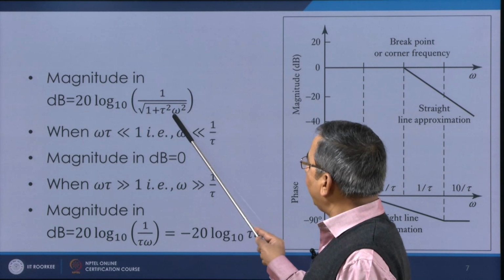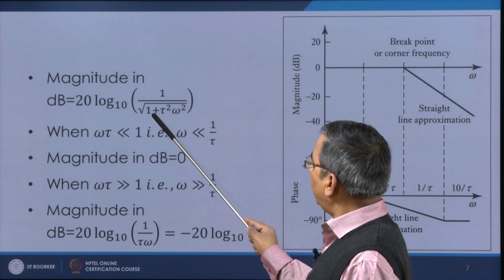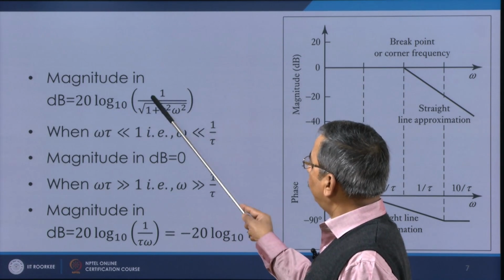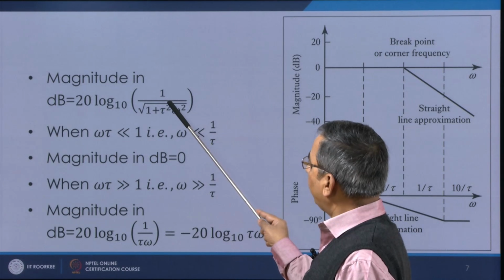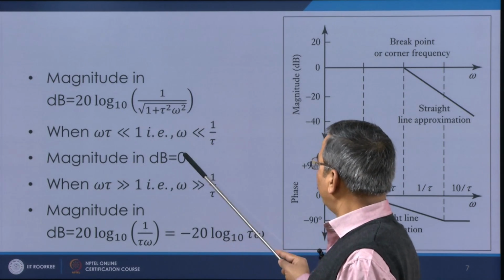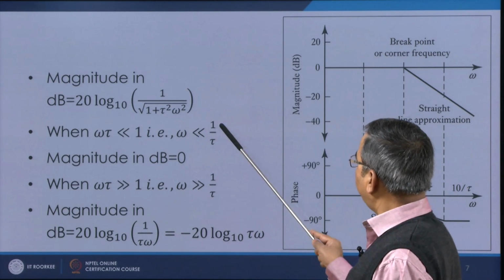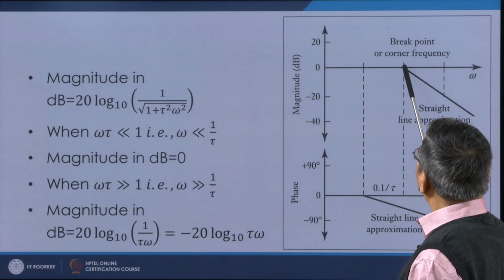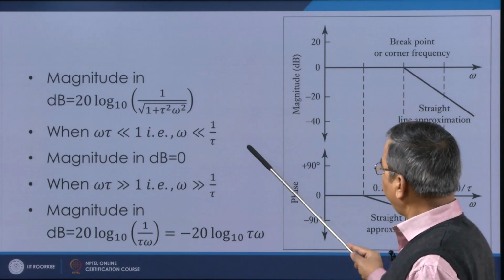I can neglect this term because it is very small compared to 1. So, the whole value becomes 1, and we get the magnitude in dB as 0.